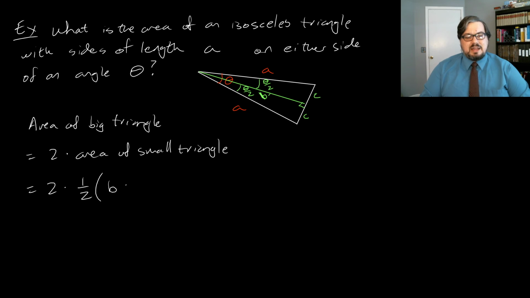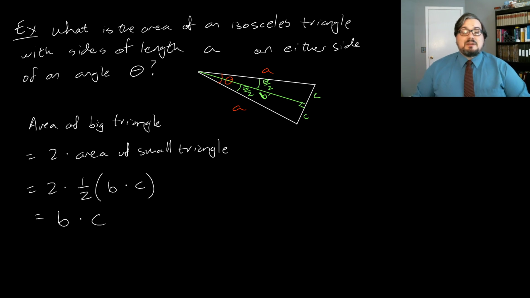In this case, that's 1/2 times B times C, because B and C can be thought of as the base and height of the two small triangles. So, in fact, it's just B times C. So really what we want to be able to do is express B times C in terms of A and theta.